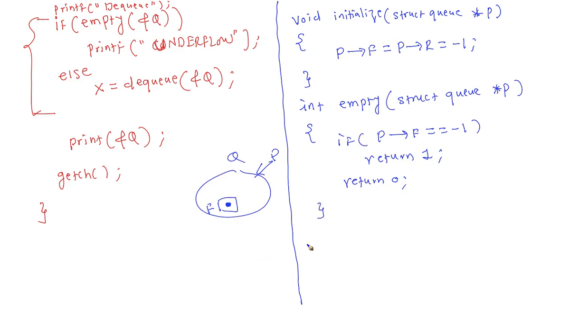Similarly, the return type is int because I'm going to return either 1 or 0, same as empty. Int full. To this full also, I'll pass the address of the queue. So I need a pointer here, star p. And then if p arrow r, when checking whether the queue is full, I'll see what is r. So if r is equal to the last location, and what is the last location?